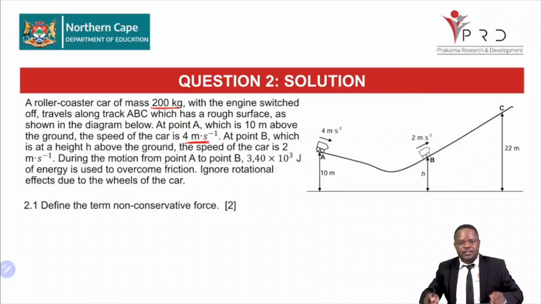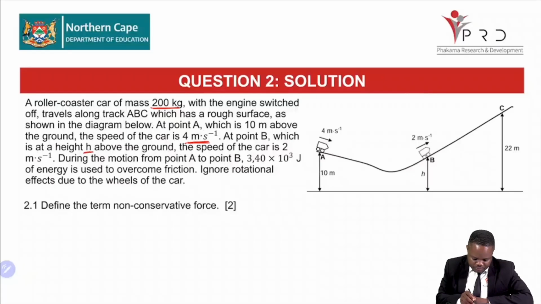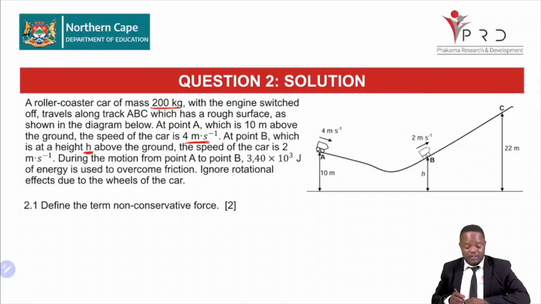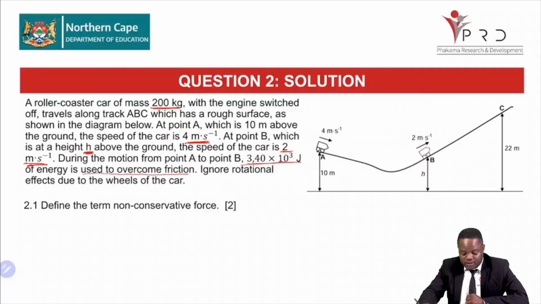Then at point B, which is at a height h above the ground, the speed of the car is 2 meters per second. During the motion from point A to point B, 3.40 times 10 to the power 3 joules of energy is used to overcome friction. Ignore rotational effects due to the wheels of the car.